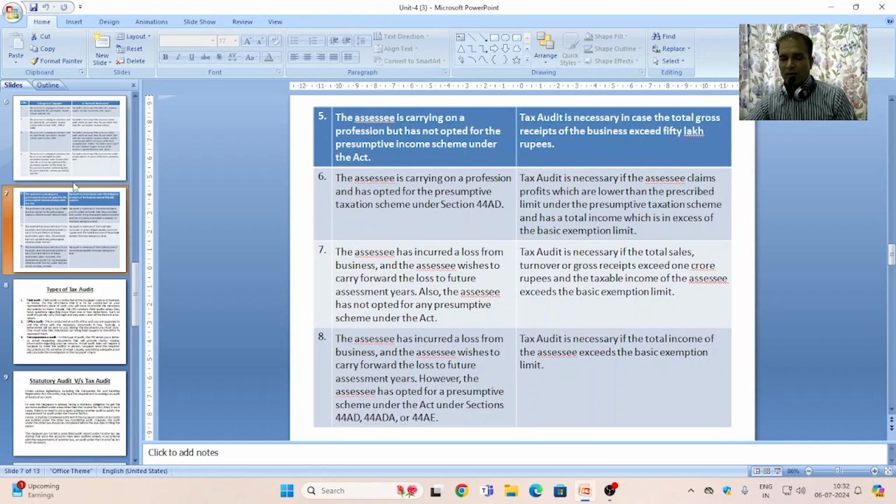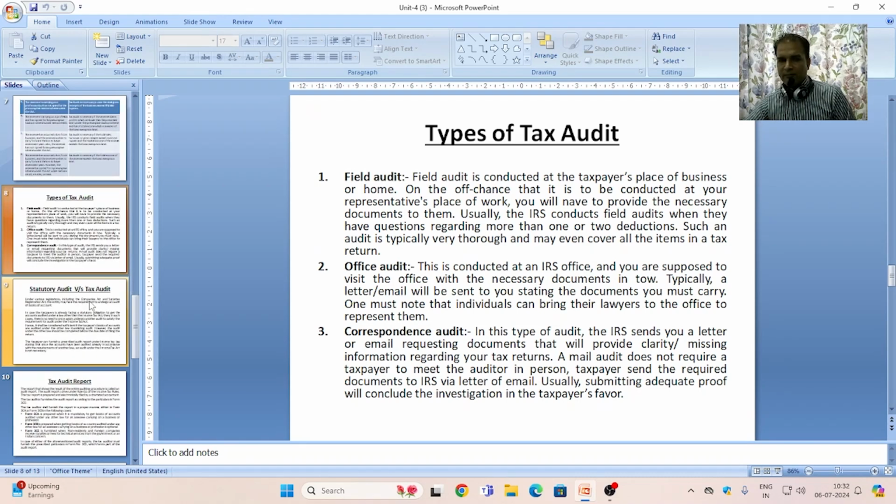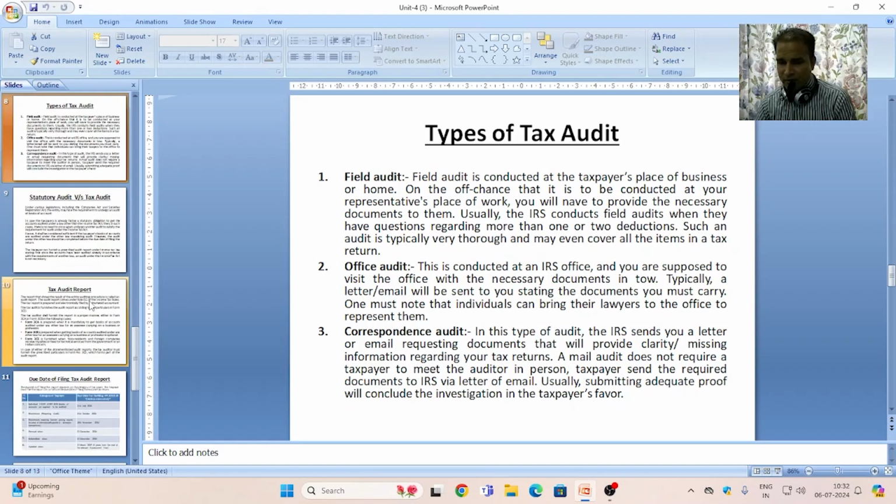Now let me discuss the types of tax audit. There are 3 main categories of tax audit. First is field audit, then office audit, and the third one is correspondence audit.